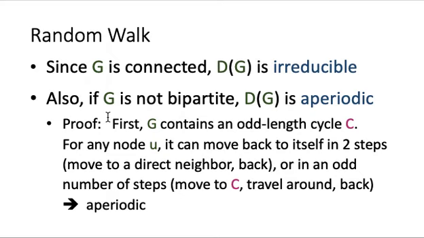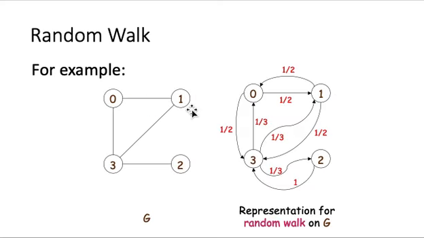Now, the second part here is if someone tells you that this G is not bipartite, then the corresponding chain will be aperiodic. Now, the reason is that whenever the original graph is not bipartite, for instance, this is not a bipartite graph, then there must always be some odd length cycle like this one.